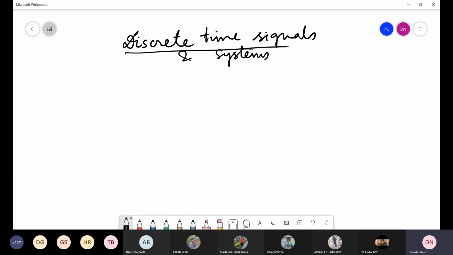Then I will go for the processing. I think all of you know Fourier series expansion of signals and Fourier transformation. You have studied in mathematics Laplace transformation, Fourier transformation. Have you studied in the mathematics subject? Yes, sir. Okay.